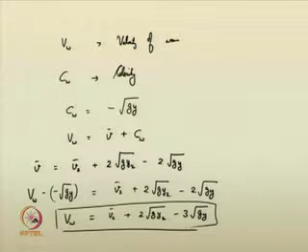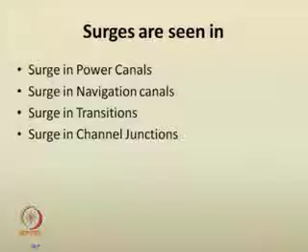Why are these things studied? Why is negative surge studied? You might have heard about lots of issues like dam break problems.